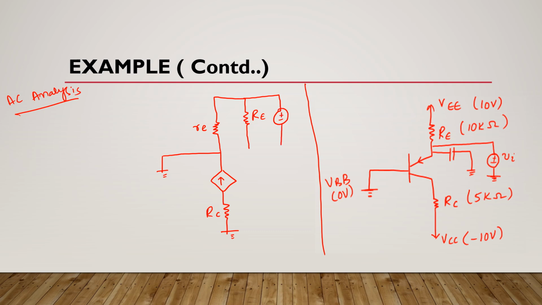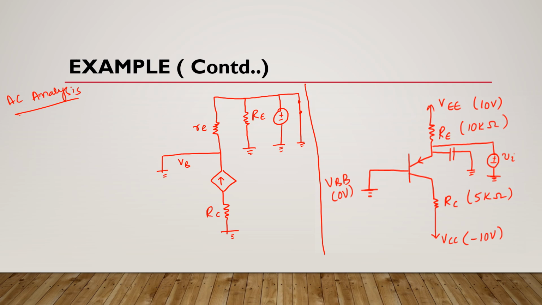AC source. Now this is grounded because we know that for AC analysis all DC sources are grounded, and here this capacitor is short circuited. Okay, now here we have VB.